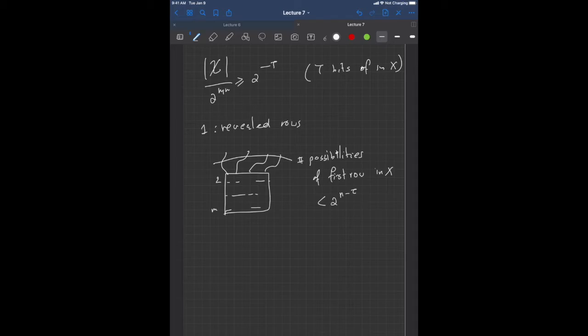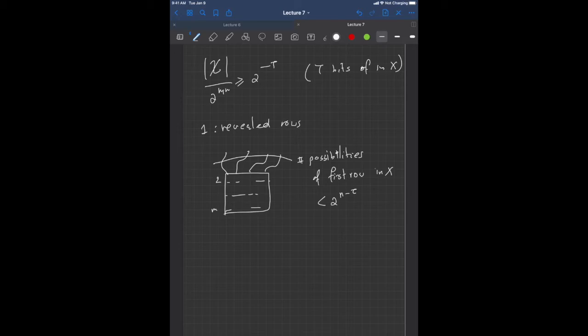So this says that if you remove the first row, you cannot shrink the set of matrices by more than a 2 to the n minus tau factor. But we said that whenever we shrink a set by some factor 2 to the k, that's like revealing k bits of information, right? But remember that we always measured information with respect to the maximum possible, with respect to the universe that this object lives in.